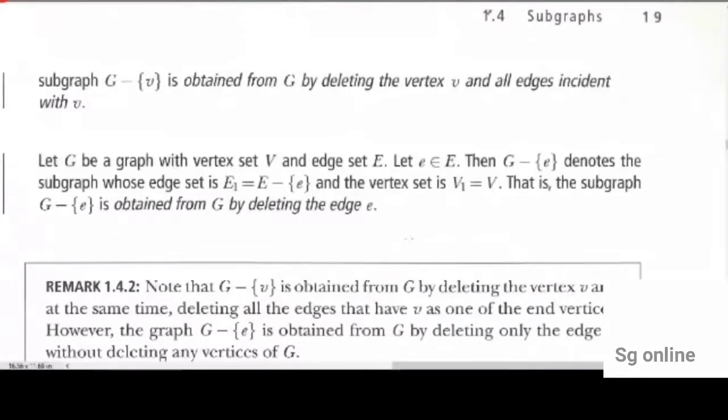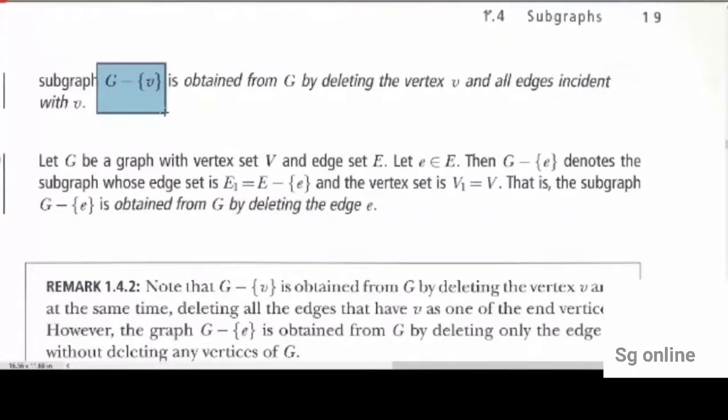So the resulting graph we write as G minus {v} in this way. That means we have deleted the vertex v from the graph.